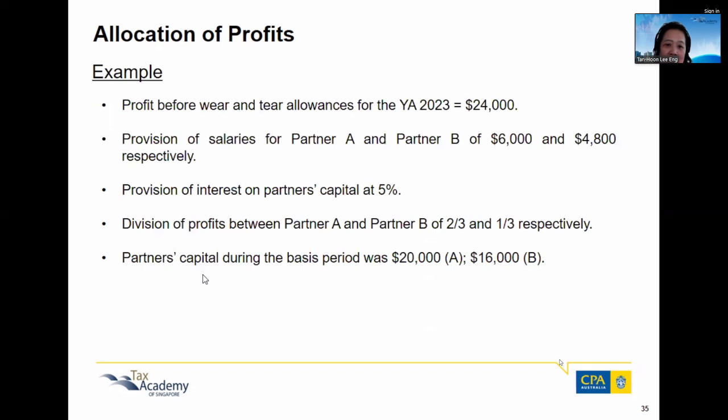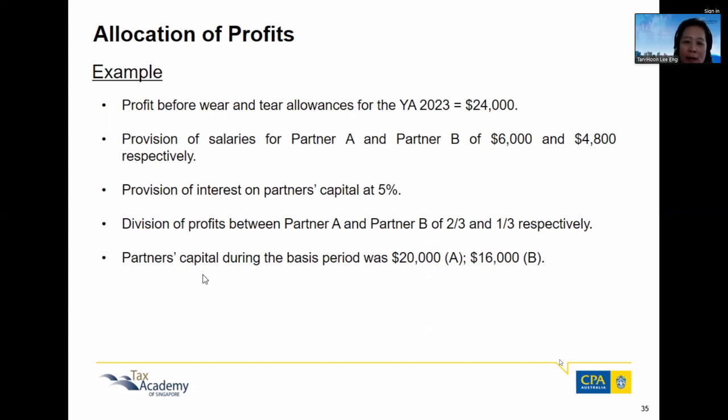You see here? It's 5%. So these are considered fixed. That means there's an agreement that you contribute, like partner A, 20,000, you will get 5% interest. What I mean is that partner A contributed 20K out of 36K in the capital. Actually, 20 out of 36 is actually 55%. No, no, it's not that way.